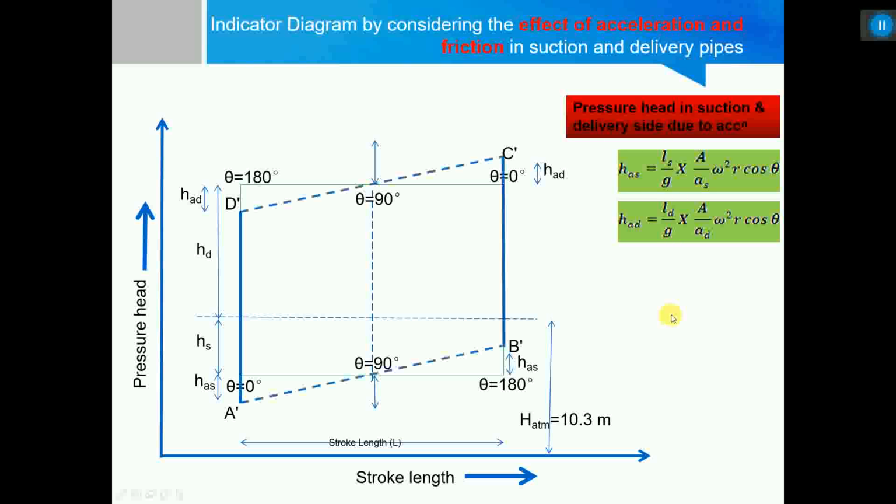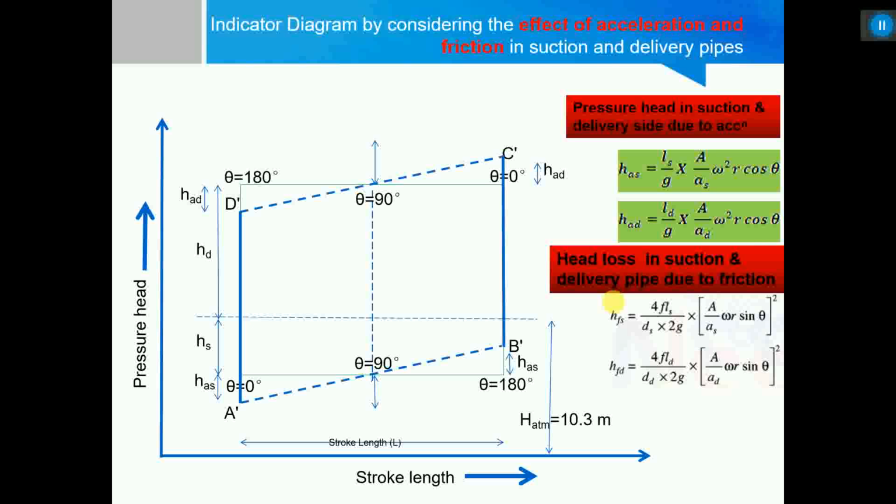After considering the effect of friction, we have this indicator diagram, and when we consider the effect of friction also, we can get this value.